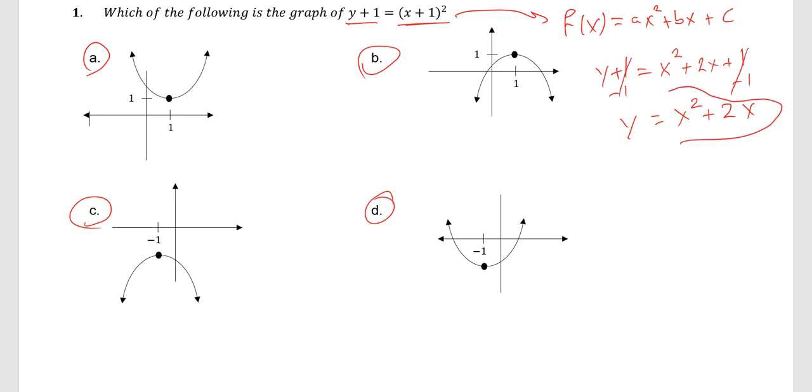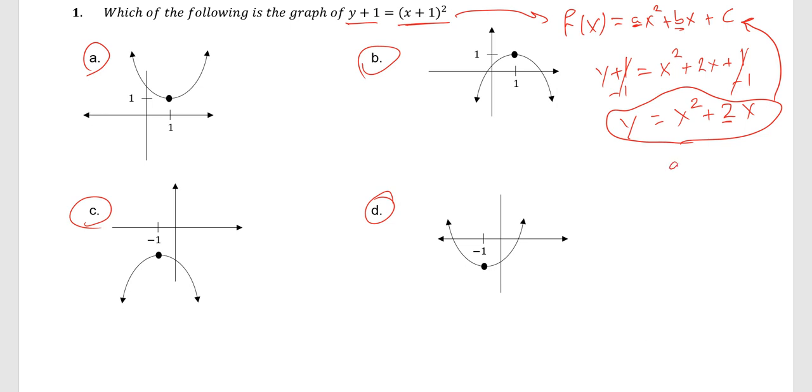So this is our equation in the standard quadratic equation form. Essentially you'll see that a is equal to 1, b is equal to plus 2, and c is equal to 0. Now let's test the coefficient of the quadratic term to see whether the function opens up or down.